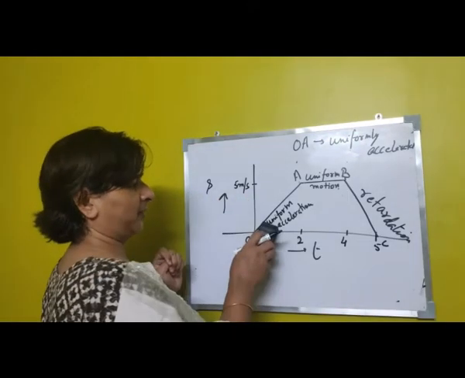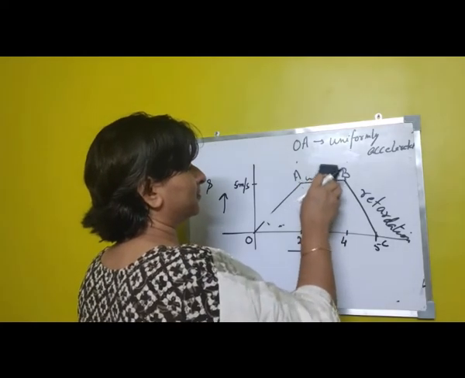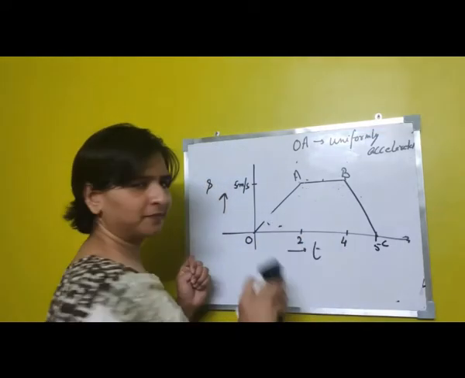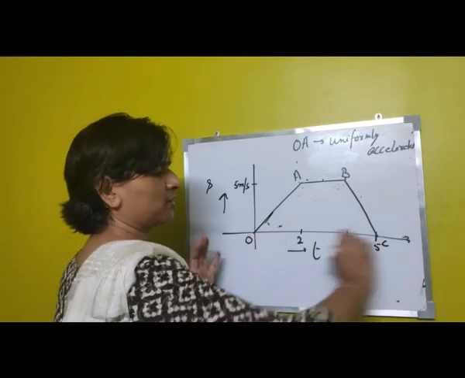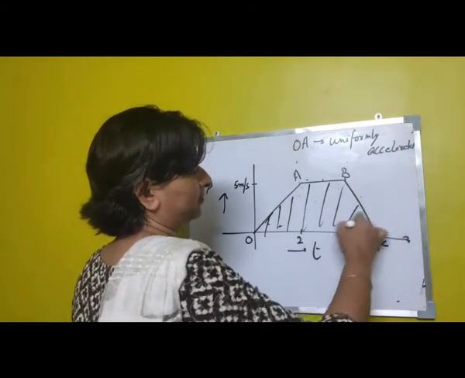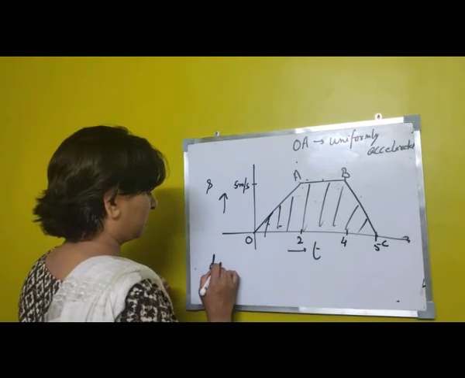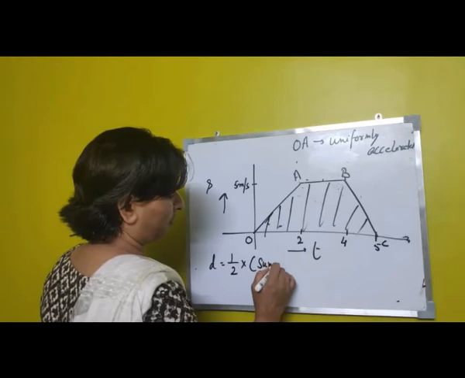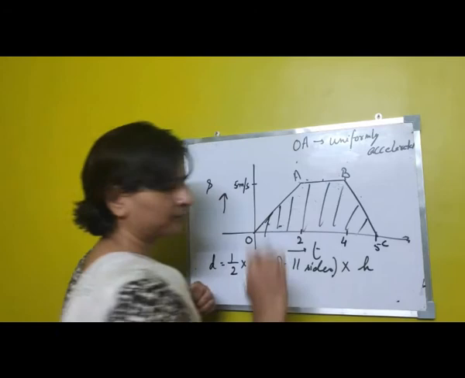From this graph, I can calculate the distance covered by the object. It looks like a trapezium, isn't it? So if I want to know the total distance covered by this object, the area under this graph will give me the distance covered by the object. So distance is, it's a trapezium, half of sum of parallel sides into the height.